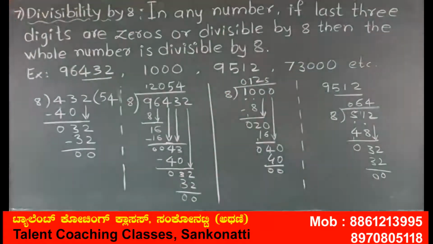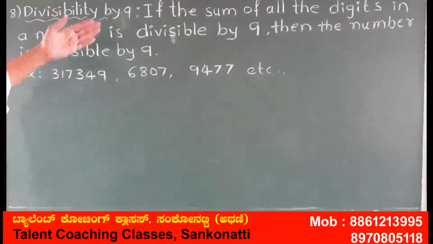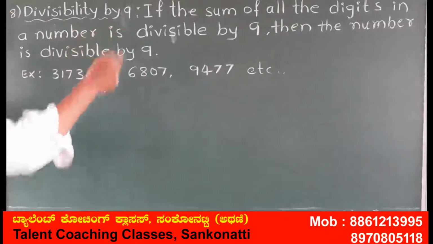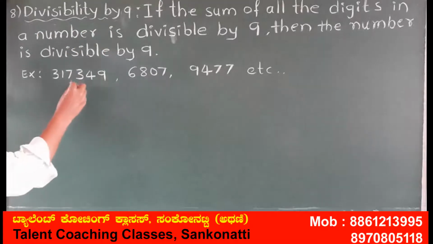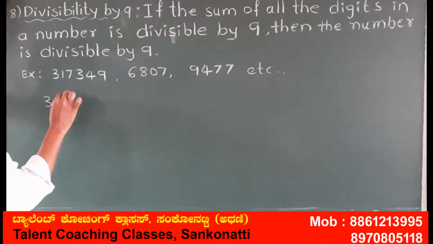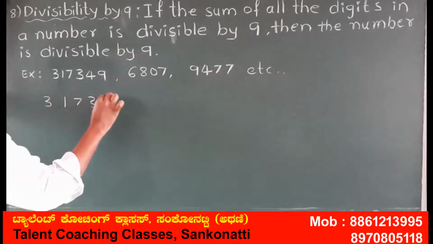Divisibility rule by 9. If the sum of all the digits in a number is divisible by 9, then the number is divisible by 9. We will verify this divisibility rule of 9 for this number. First we'll add 1, 3, 1, 7, 3, 4 and 9.